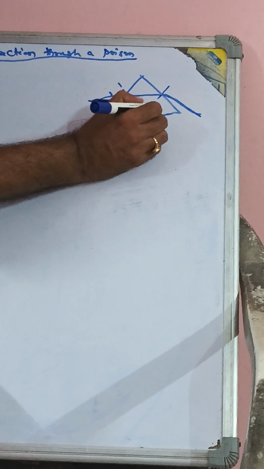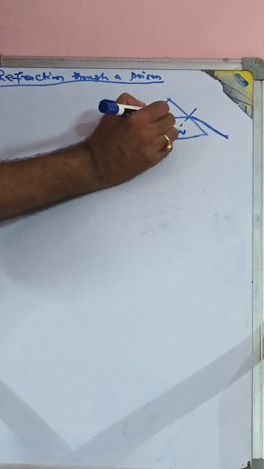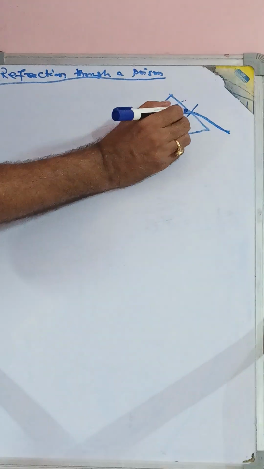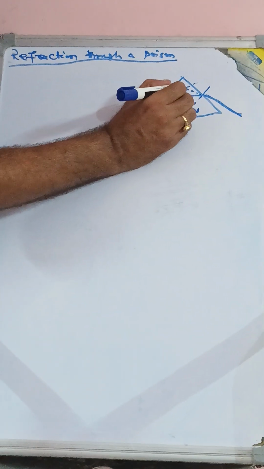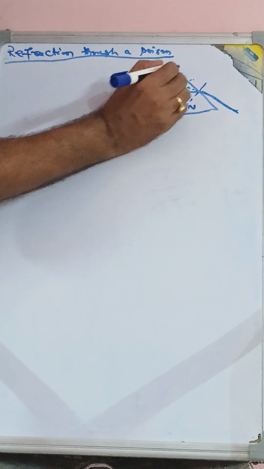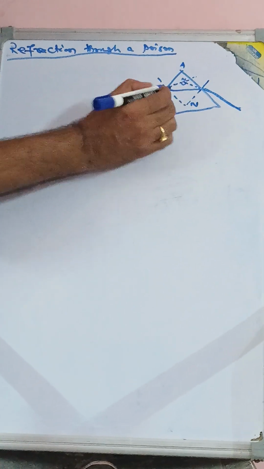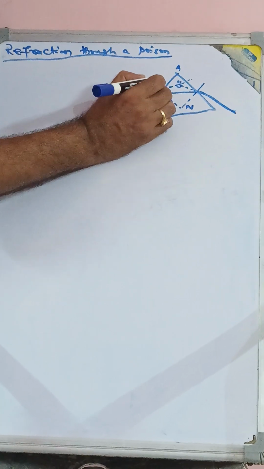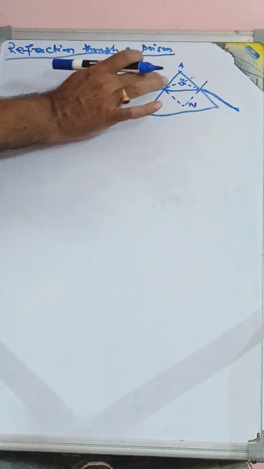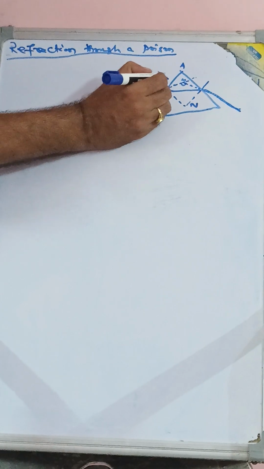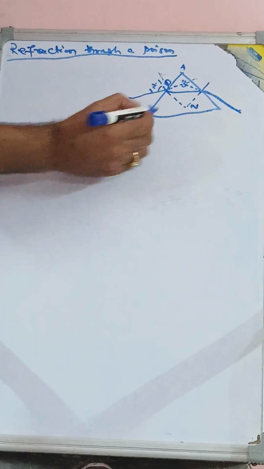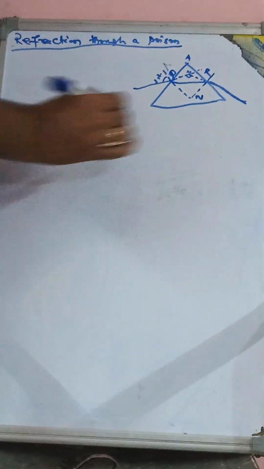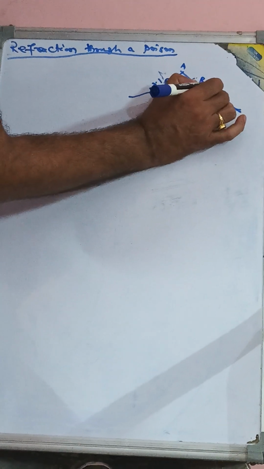This point is N, this is the angle of prism A, this is I, and this point is Q. Q A, Q N, R. This angle is the emergent angle.